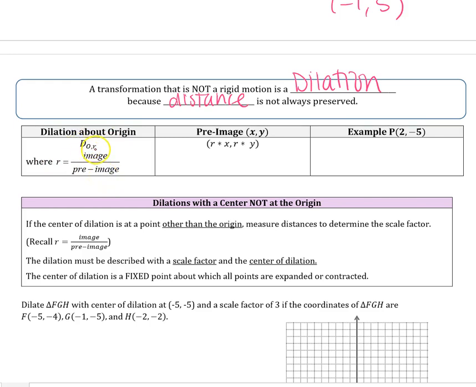If you're dilating by a scale factor of r, you're just multiplying the coordinates by that scale factor. And again, this is strictly when it's about the origin. So for example, let's say I took this point and I dilated it about the origin with a scale factor of 2, its image would be 4, -10. So all I did was multiply the x and y by 2.